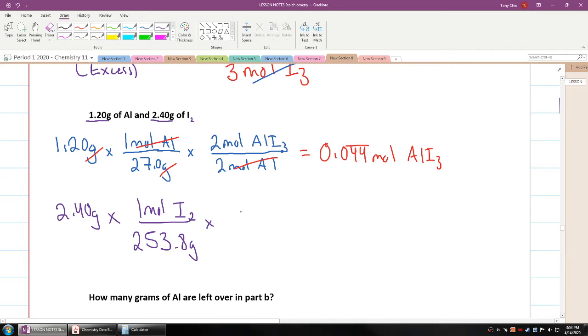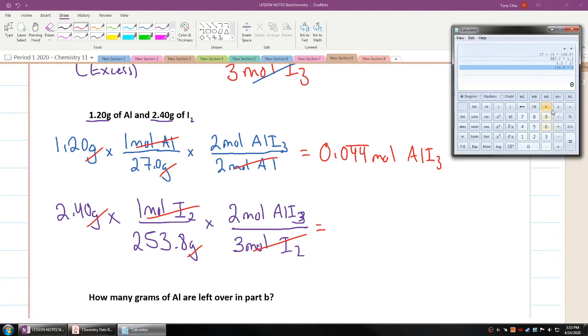Then again, you multiply to solve for your mole ratio to get to aluminum iodide, which is 2 moles over 3 moles this time of I2. You cross out the values you already canceled out. And this time, you're going to solve for your moles of aluminum iodide if you had 2.40 grams of iodine.